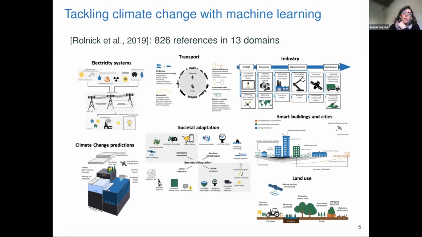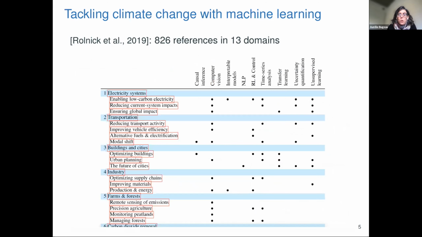Around how AI can help driving electrical systems, help with the transport industry, climate change predictions, societal adaptation, smart buildings, smart cities, and how to help with land use and farmland and so on. And for all these domains, the authors did work to say which more precise technology can be used for each of the sub-goals for all these domains.